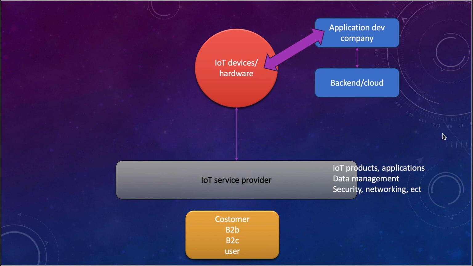So they have their own products. If they don't have their own products, they will procure those products from another company, and that company will connect with other application developers where they maintain.